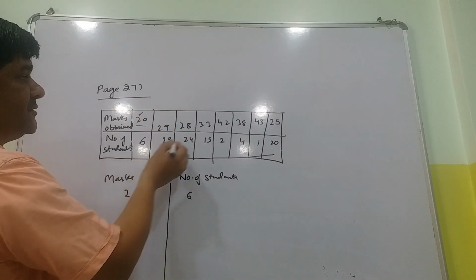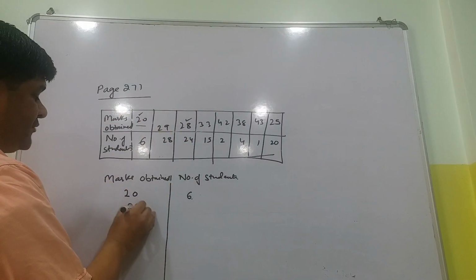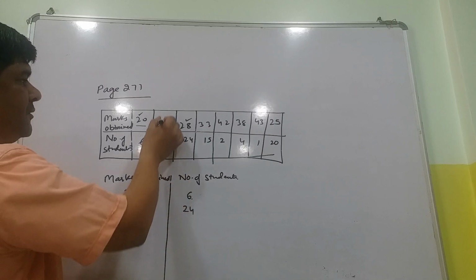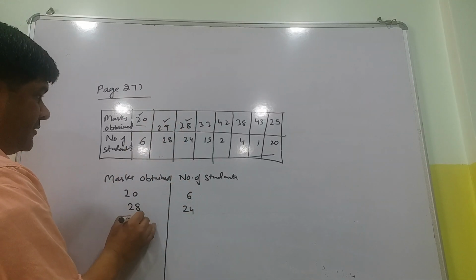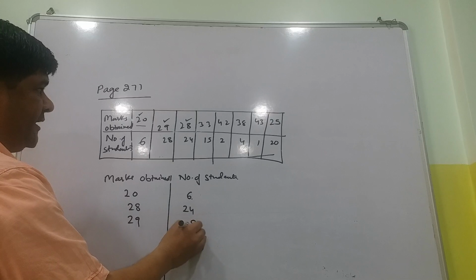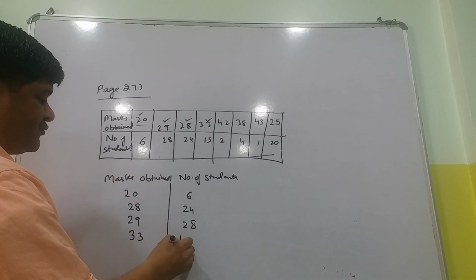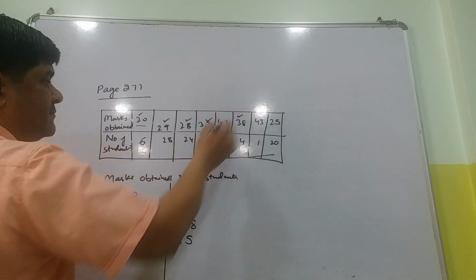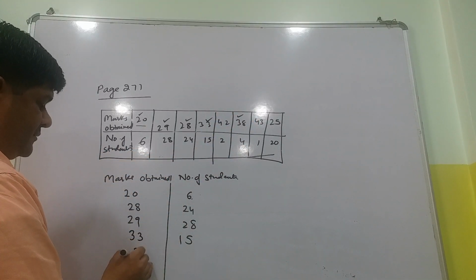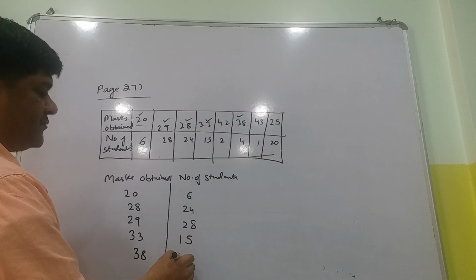Then comes 28, its frequency is 24. Then comes 29, its frequency is 28. Then comes 33, its frequency is 15. Then comes 38, its frequency is 4.